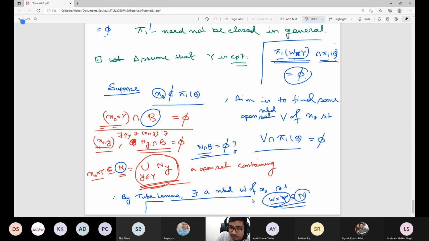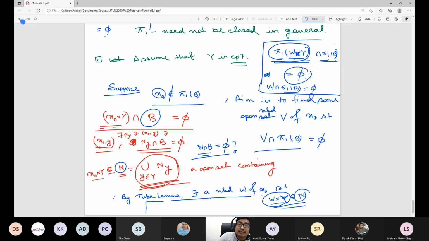And now this one, if you look at this set, this is actually W, right? So W intersection pi 1 of B is empty. So what we got? W, a neighborhood of X naught, such that W intersection pi 1 of B is empty.